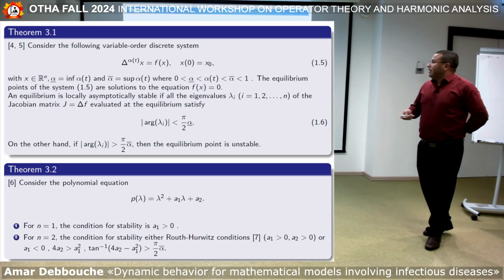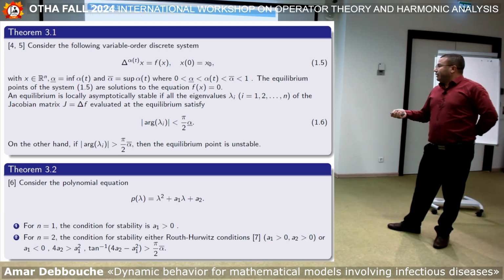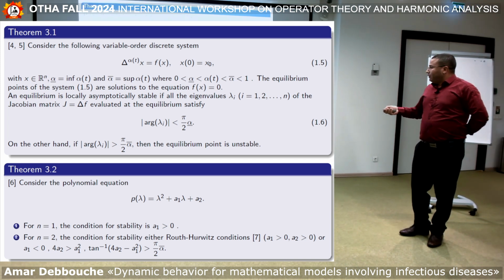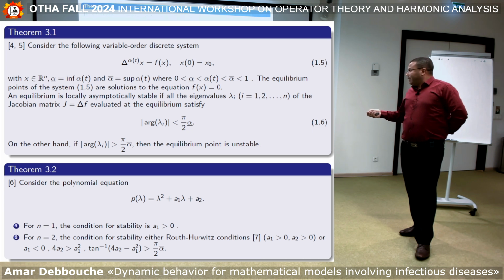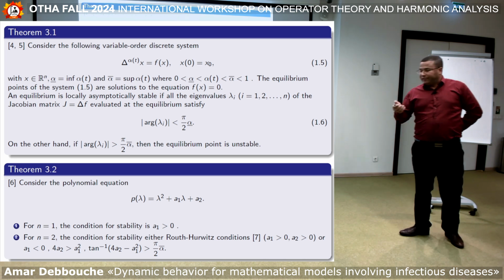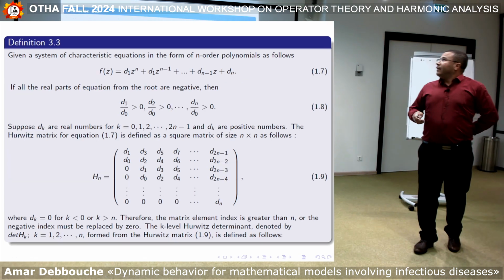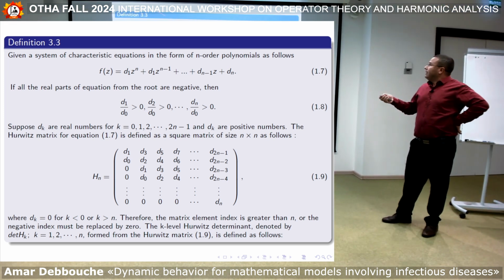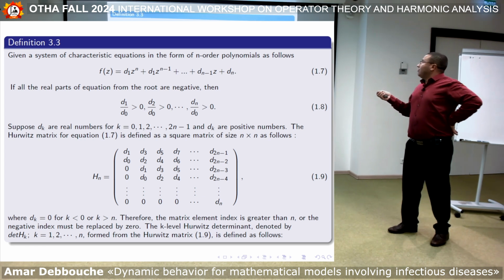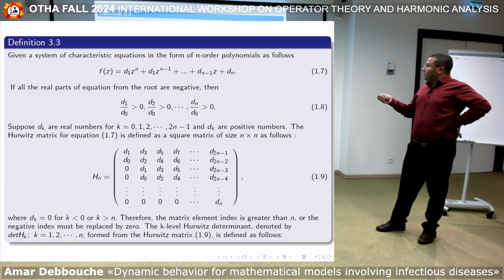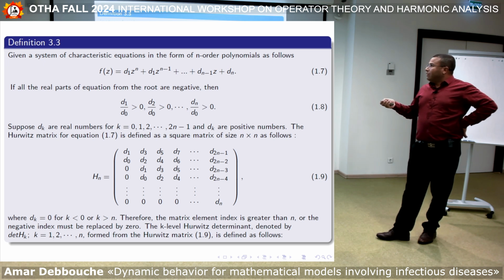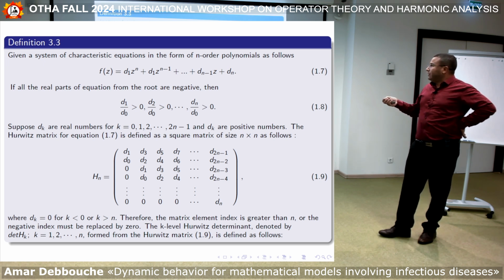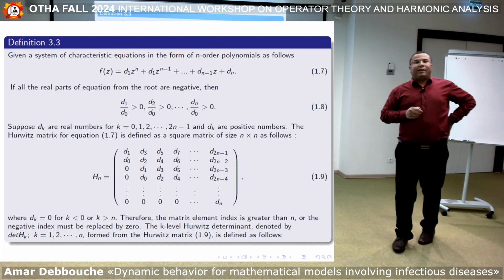Okay. Other results concern the criteria for stability, which are designated by these coefficients A1 and A2, as you see. Another property: for the characteristic equation, an n-order polynomial of this form, if all real parts of the roots of this equation are negative, then the following inequalities will be satisfied.